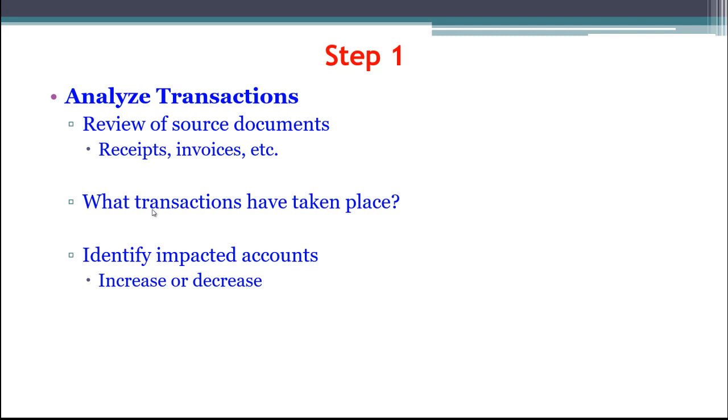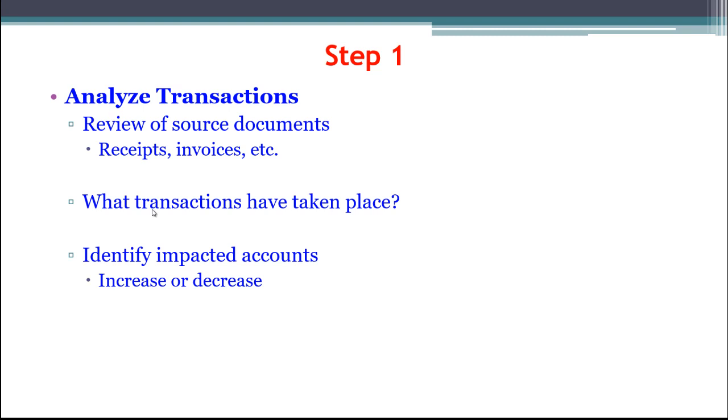And the idea here is that you're taking a look at what has happened throughout the period, and you're reviewing source documents, receipts, invoices, any sort of document telling you that a transaction has happened, tells you the amount, tells you what parties were involved, what dates this took place on, and you analyze this to take a look at what transaction actually happened. Now what you do here, you identify what accounts, based on the accounts that company uses, what accounts have actually been impacted, and have they been increased or decreased.